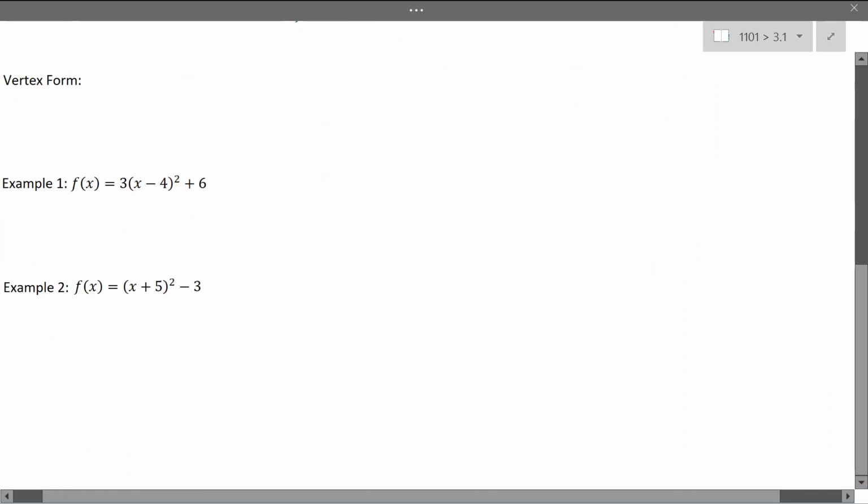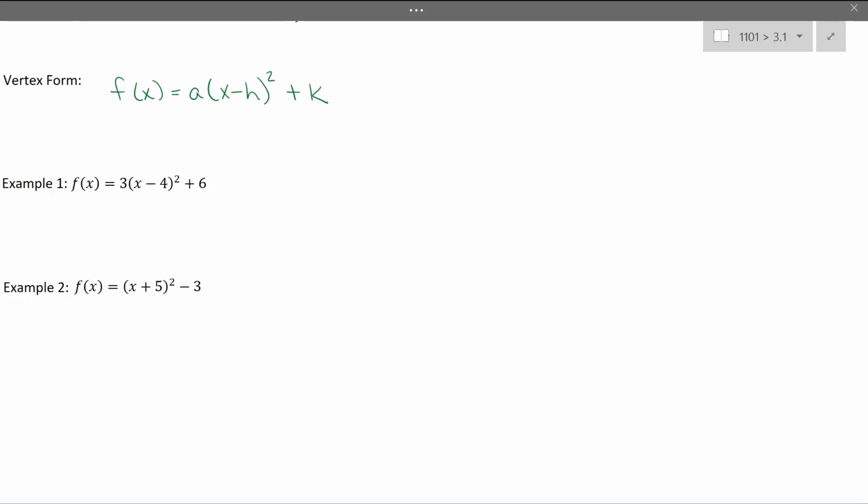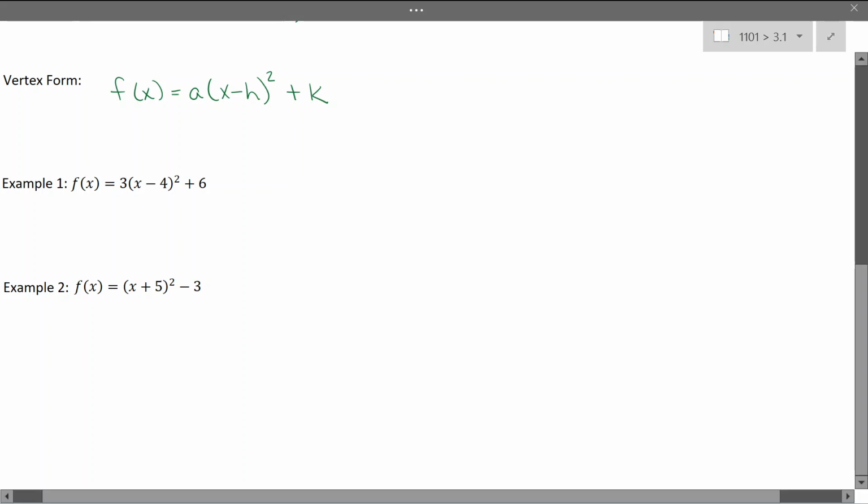Vertex form looks like f of x equals a times x minus h squared plus k. So if we're trying to find our vertex and our quadratic is in vertex form, our vertex is easy. It's simply h comma k. So let's look at our first example.